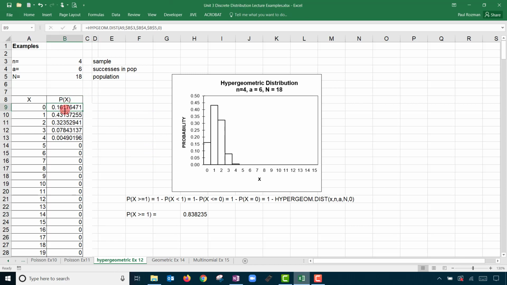So I calculated the probabilities of no buildings, one building, two buildings, three buildings, or all four buildings having a violation of the code. And the graph is here. It's pretty skewed to the right. We wanted the probability of greater than or equal to 1, which is 1 minus the probability of less than or equal to 0.